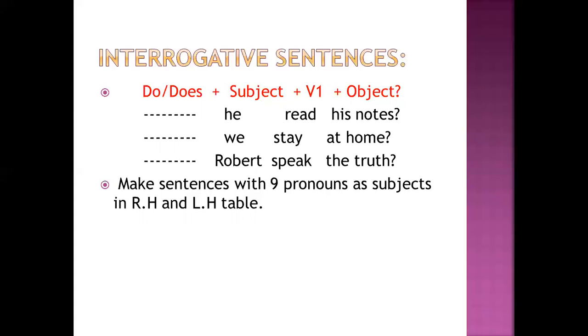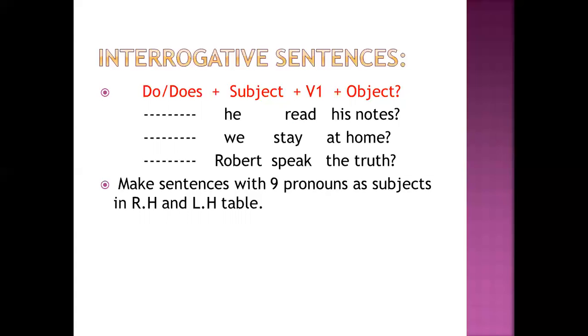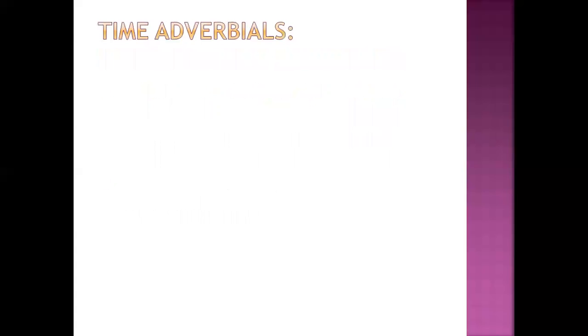If you write 9 pronouns at the start of the same sentence, they will become 9 positive sentences. Then you change them into negative sentences and they become 18. And finally, after the addition of interrogative sentences, the total number of sentences is going to be 27. You can pause the video here and make your sentences.